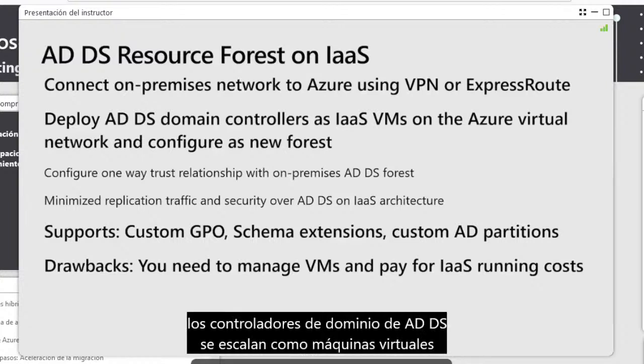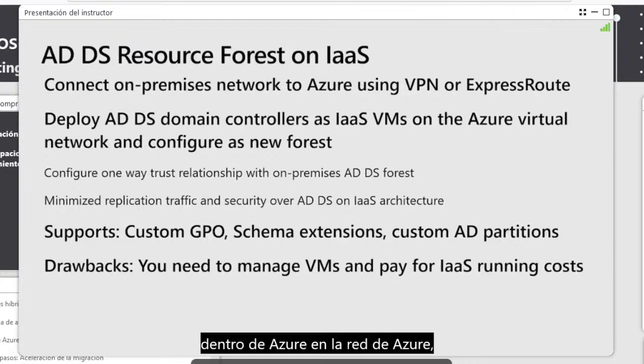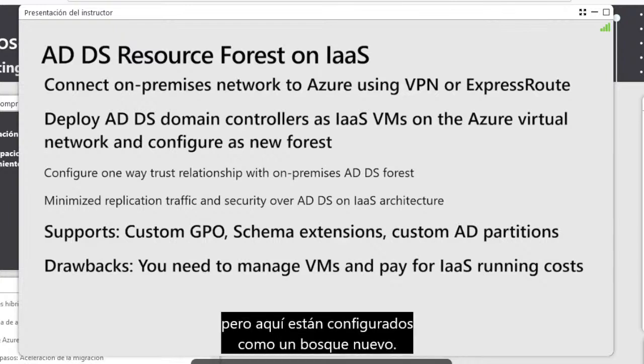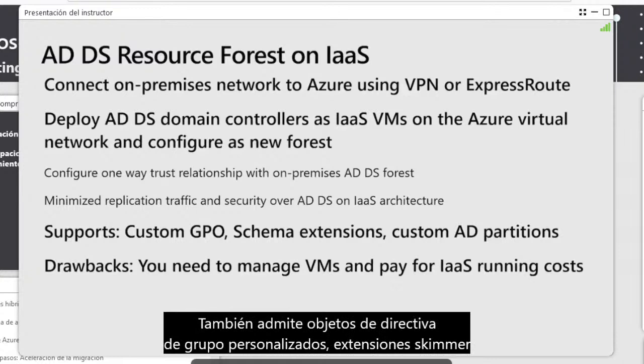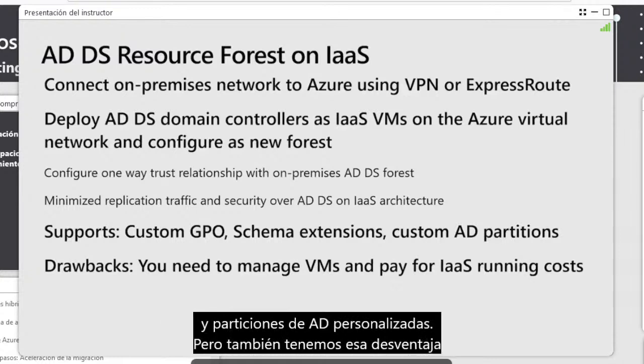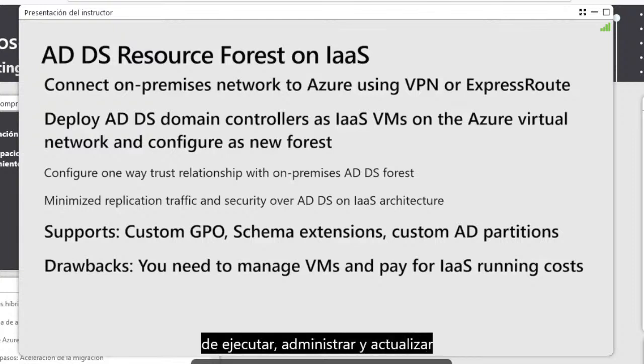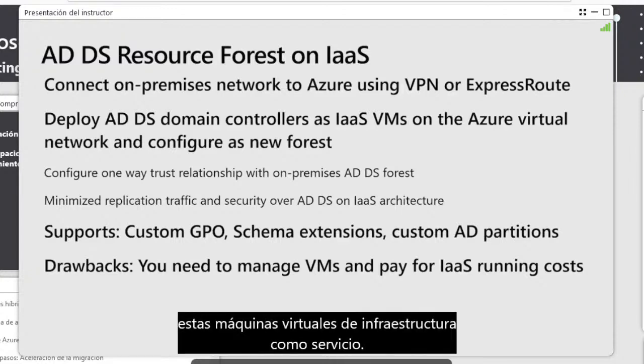Our ADDS domain controllers are spun up as virtual machines inside Azure on the Azure network, but here they're configured as a new forest. It also supports custom group policy objects, schema extensions, and custom AD partitions, but we do also have that downside of having to run and manage and update these infrastructure as a service virtual machines.